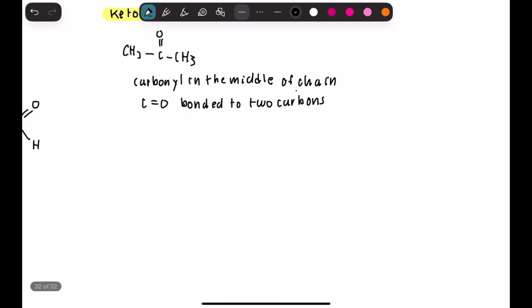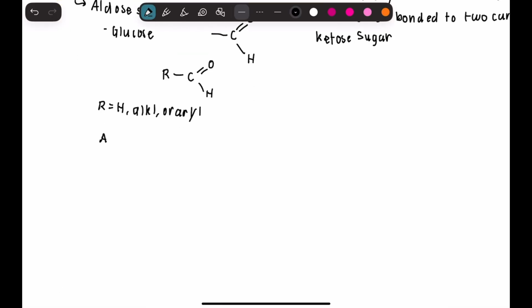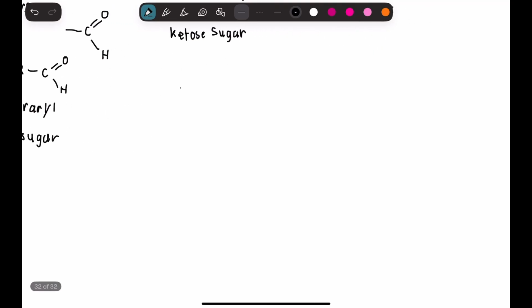So remember, if you have a middle carbonyl, that means it's a keto sugar. And this was an aldehyde sugar. Now, let's examine carboxyl groups.